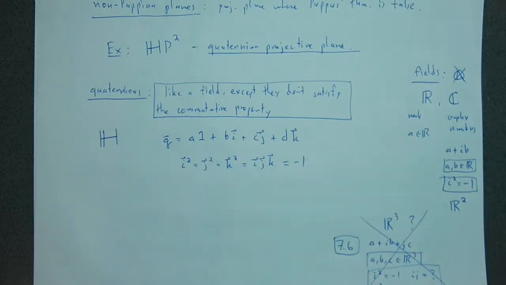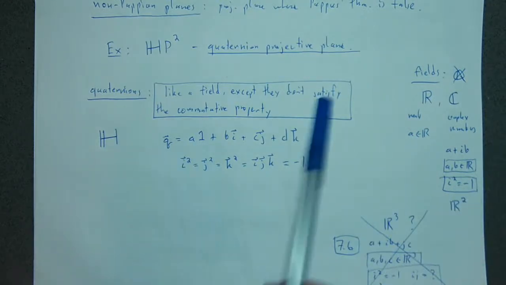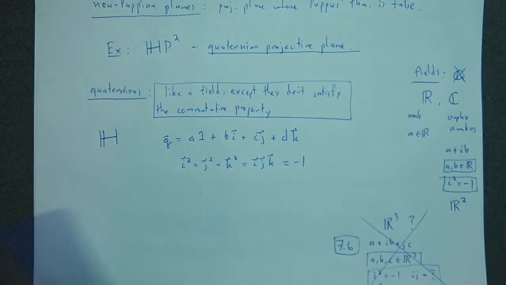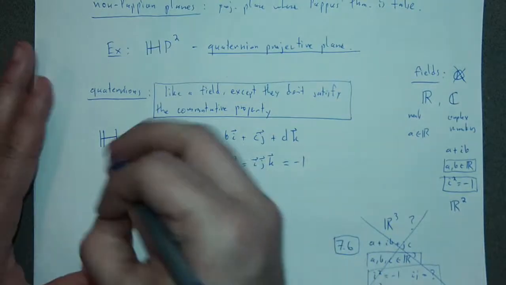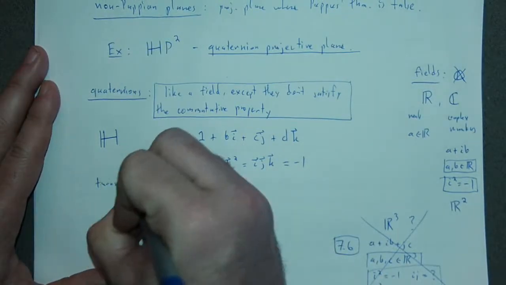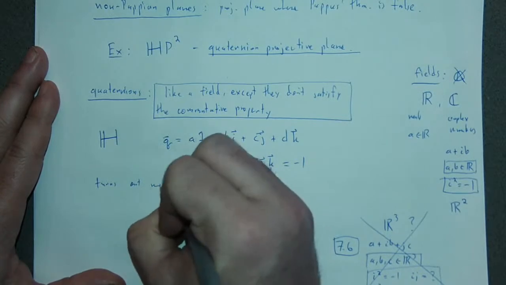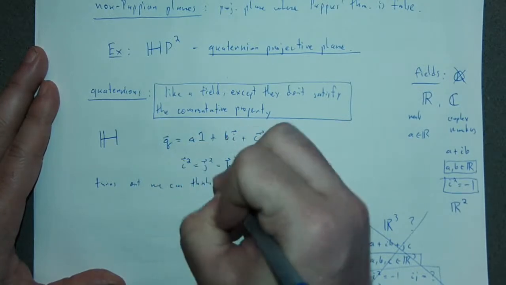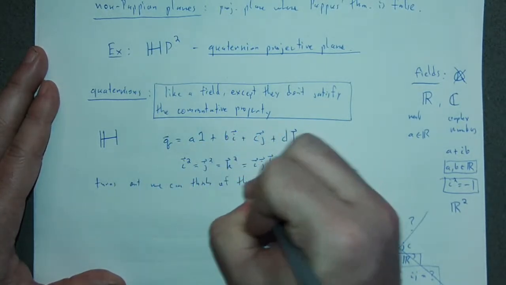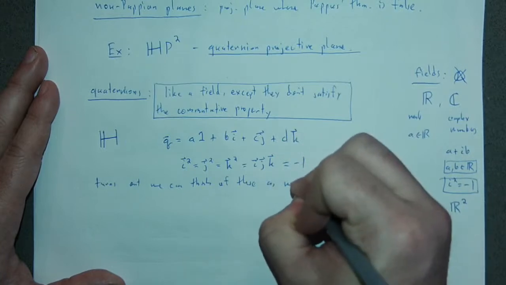All right. This gives you an algebraic object that satisfies all the field axioms. You can check that it satisfies the field axioms, except that they don't satisfy the commutative property. Okay, it turns out we can think of these as matrices.